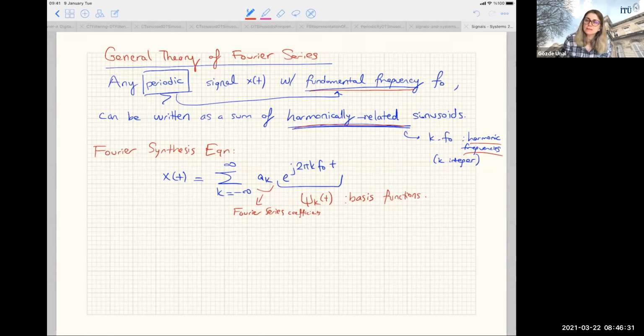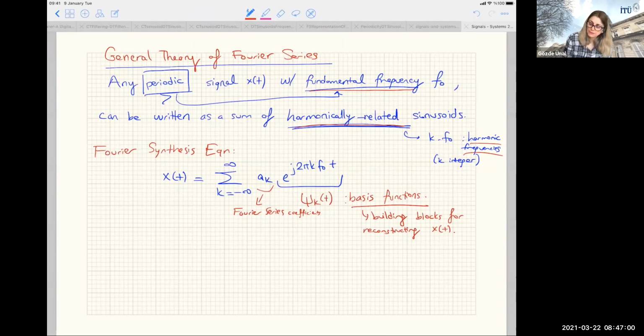But here it's an inner product in an infinite dimensional space, in this continuous space, as we will see. These basis functions are really building blocks for reconstructing x of t.